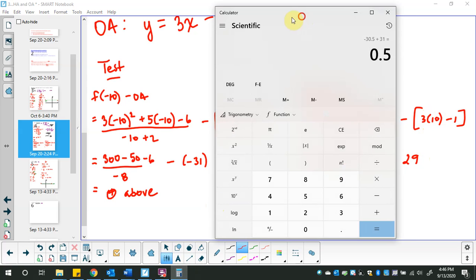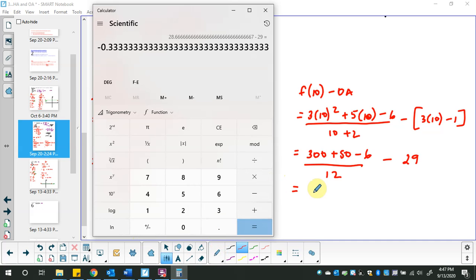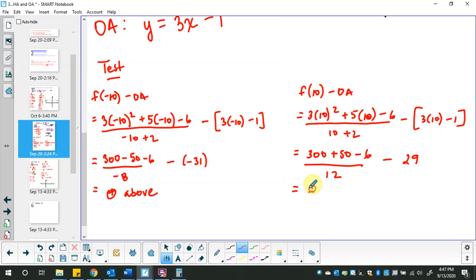Time to get a little lazy. 350 minus 6 is 344 divided by the 12 is equal to that, and then I minus the 29 and I get a negative number, which means below.